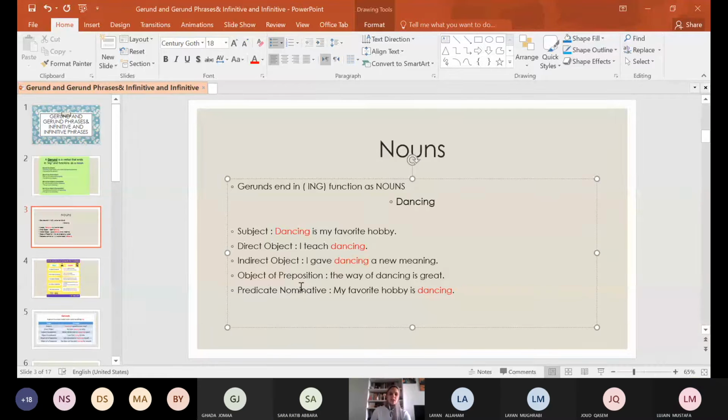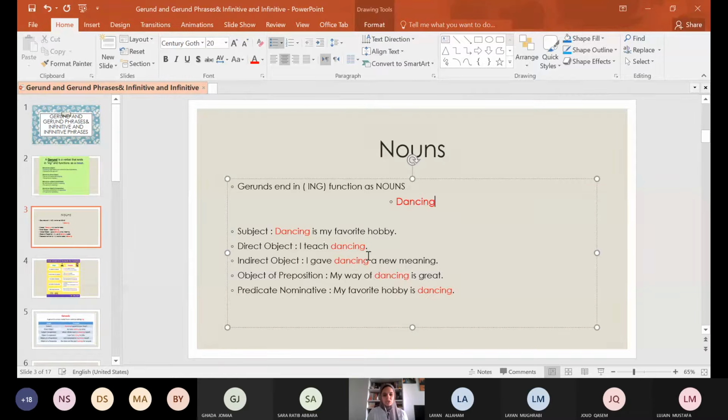So after a preposition, my way of dancing is great. Here, after a preposition, girls, I use a gerund. A gerund is a word that looks like a verb, dance, ends in ing, and functions as a noun. Dancing is my favorite hobby, or direct object: I teach dancing.